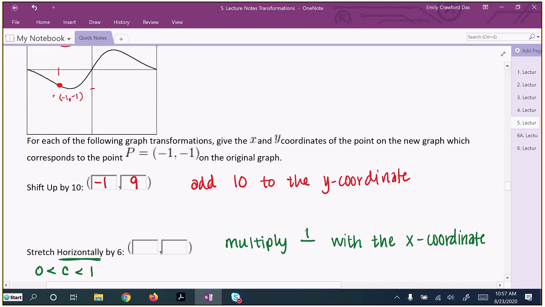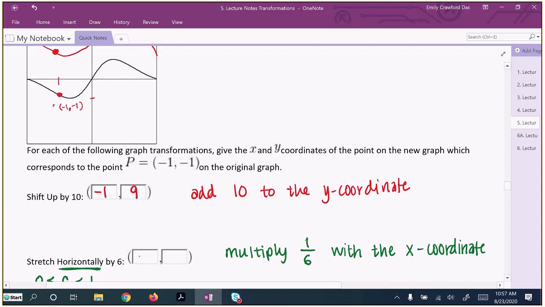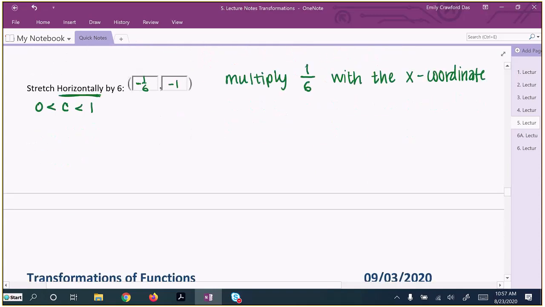Well, that should be 1/6. So I want to multiply 1/6 with the x-coordinate. That's going to be -1/6 and -1.